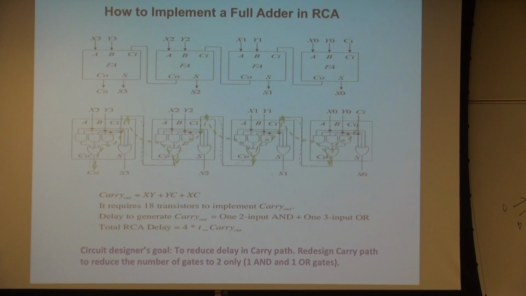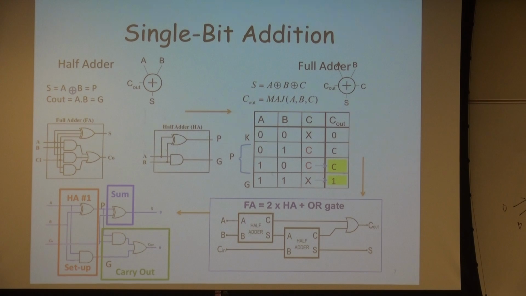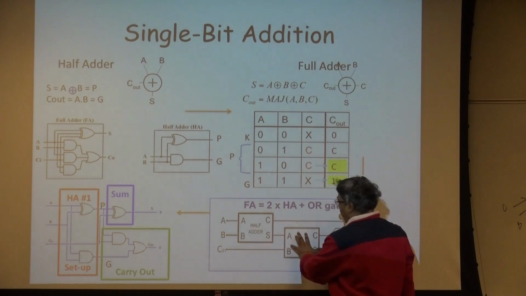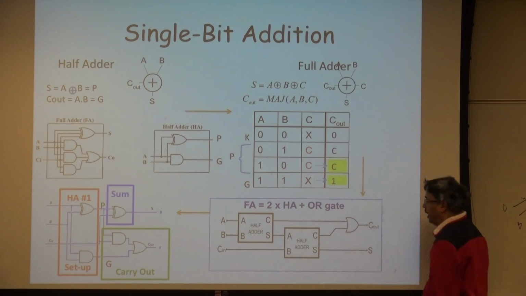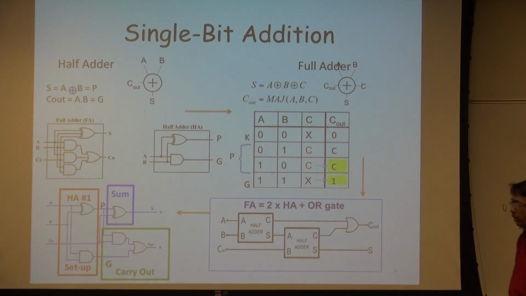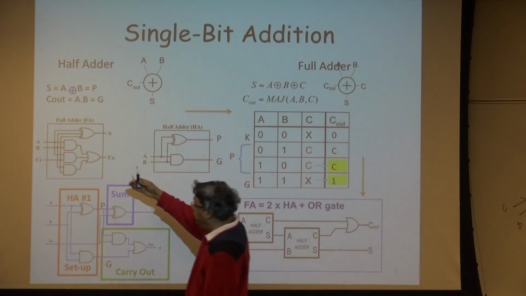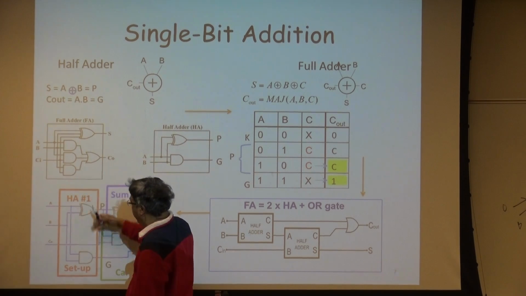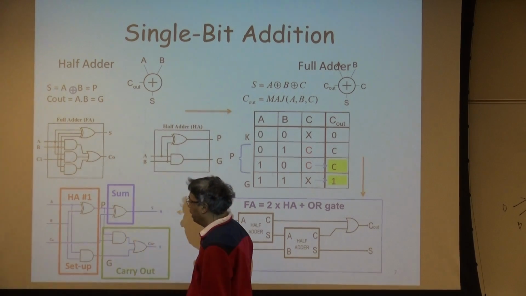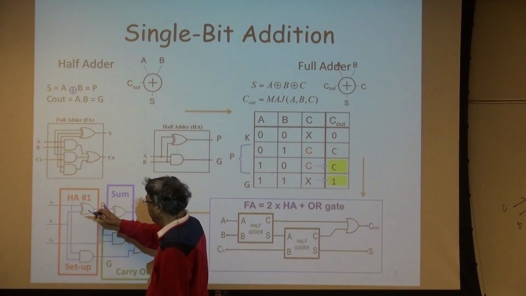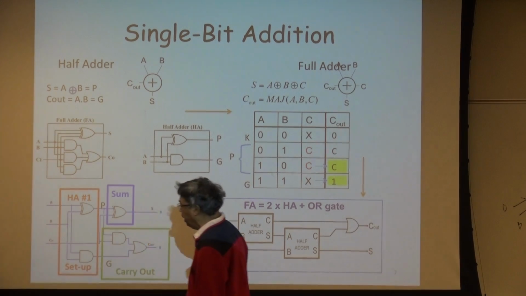So that's why I mentioned the half adder. So I can do that by implementing the full adder as a combination of two half adders, and for the carry out we need one OR gate. Instead of implementing it like this, I will use one half adder where I give the data input A and B, and it will be generating the propagate function and the generate function.